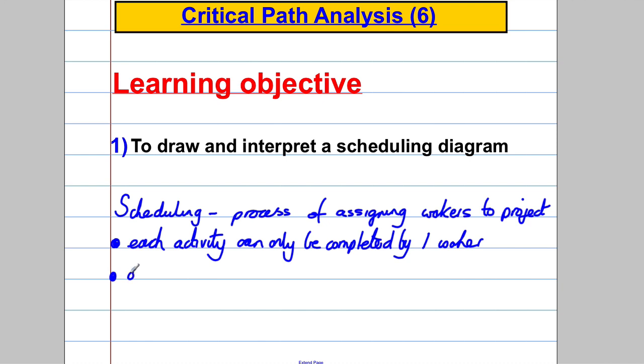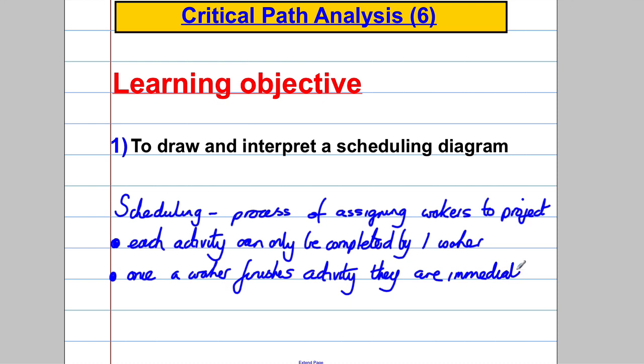And also, once a worker finishes an activity, they are immediately available to do another activity.